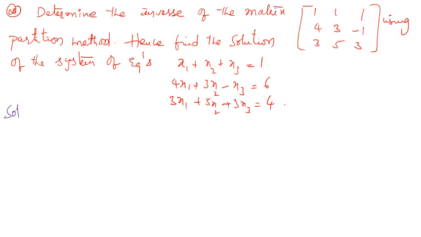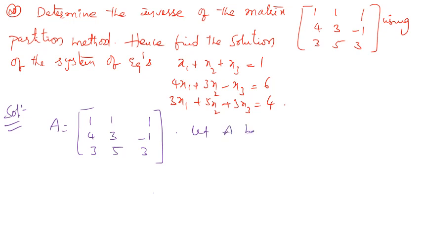Now the solution. First let us find the inverse of the matrix by using partition method. A is given as 1 1 1, 4 3 minus 1, 3 5 3. Let matrix A be partitioned as follows.